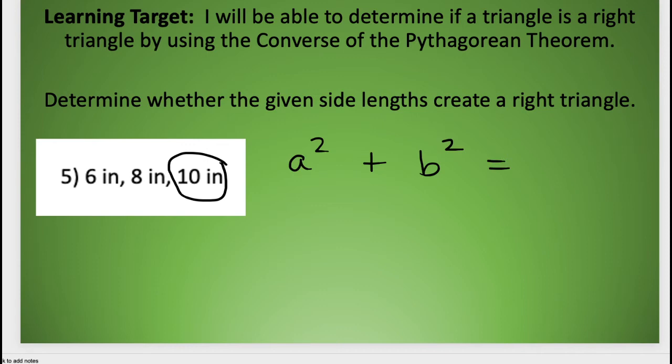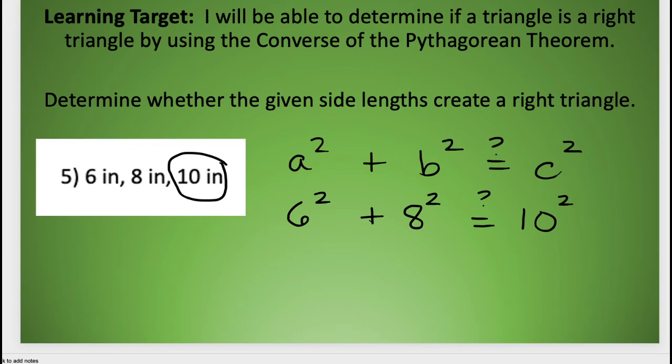So I'm plugging in the 10 for C. I'm going to plug in the 6 for A, the 8 for B, and the 10 for C, since that would be the hypotenuse if this was a right triangle. I need to remember to put that question mark there because we're not sure if these are going to be equal or not. Okay, so let's go ahead and simplify.